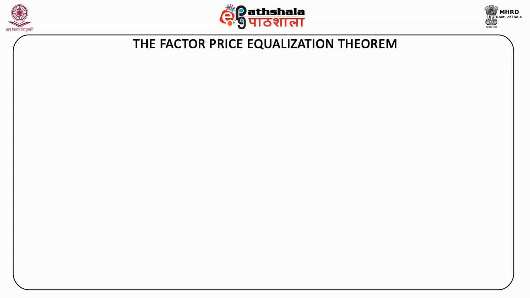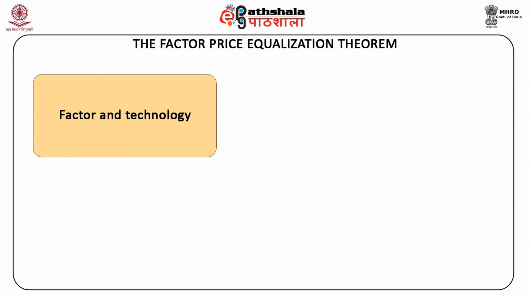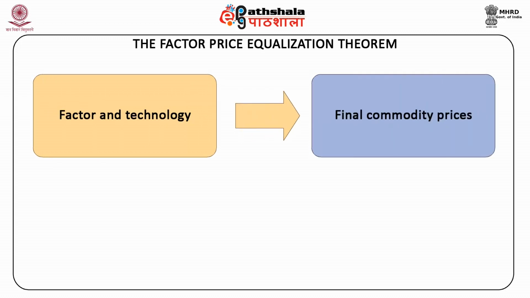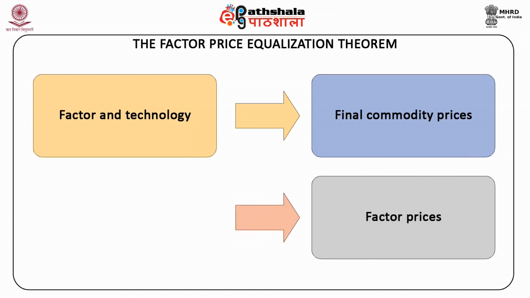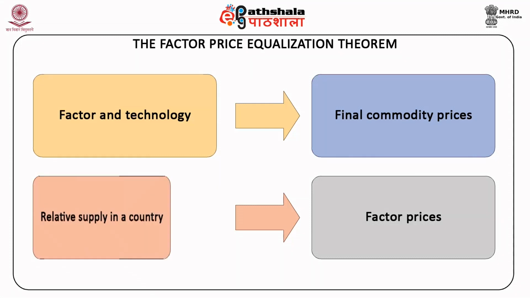From the general equilibrium framework of the HO model, we learnt that the price of factors and technology together determine the final commodity prices, and factor prices in turn are determined by their relative supply in that country.